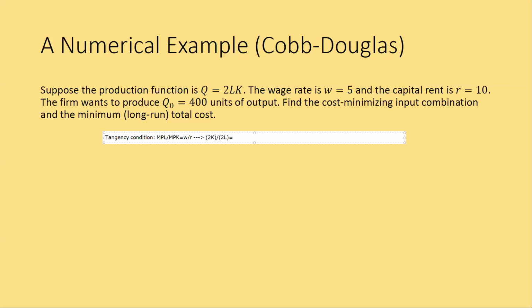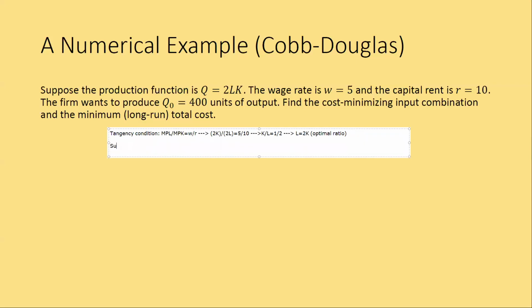Our wage is 5 and our capital rent is 10. So we have this equation. We can rearrange and simplify it: K divided by L equals 1 divided by 2, or L equals 2K. This is our optimal ratio derived from the tangency condition.